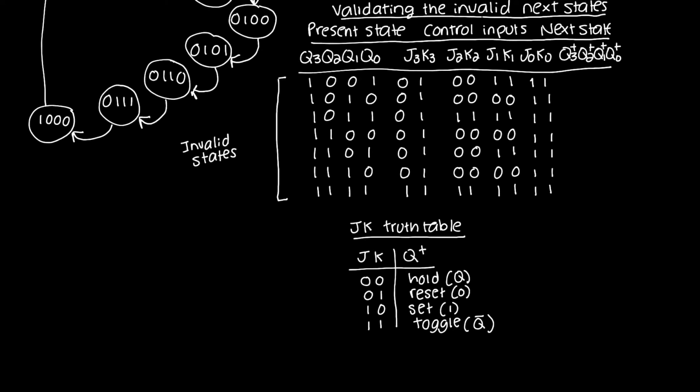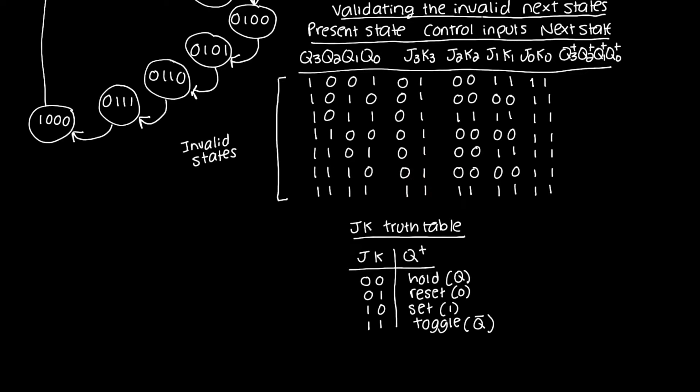Coming back over here for Q3 plus, let's look at it row by row. Q3 is high and I'm in the reset condition. In fact, it doesn't matter what Q3's present state is, because I'm in the reset condition all the way down until here.